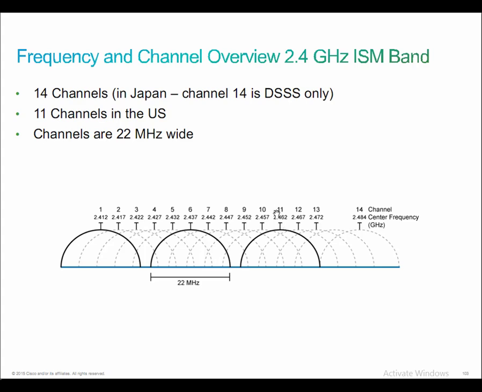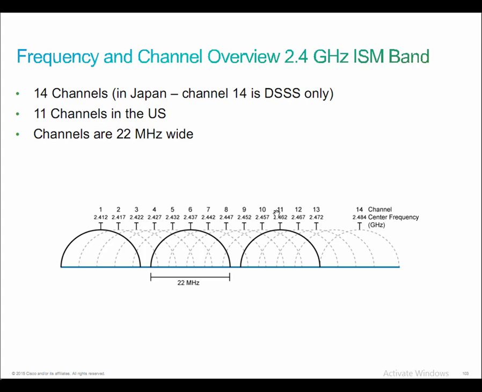But because we have these 22 megahertz wide channels, and there are 5 megahertz gaps between them, notice the shoulders don't touch each other in this particular case, we only have 3 channels that won't overlap. Channel 1, Channel 6, and Channel 11. And I think this is something that you guys are probably already familiar with. It's pretty common knowledge today that within this spectrum, there's 3 channels that don't overlap with each other.